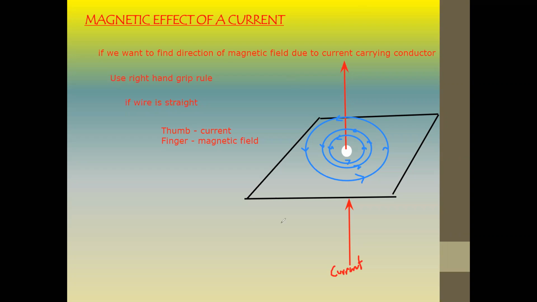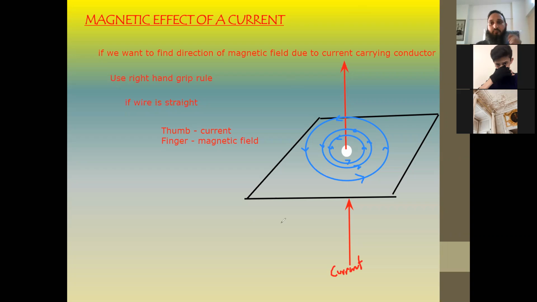Sir, is the magnetic field always in this direction? The direction of the current can change. In the first example, the current is pointing up, so my thumb is pointing up.